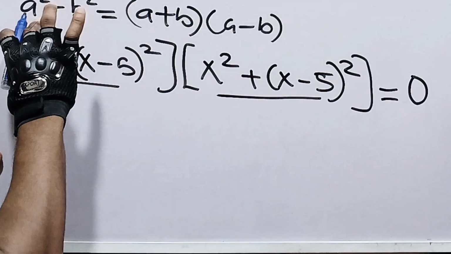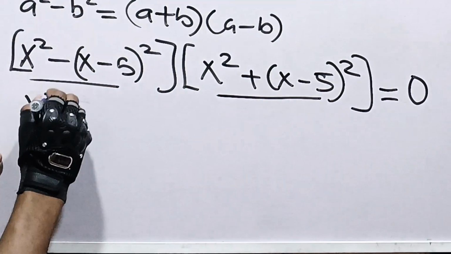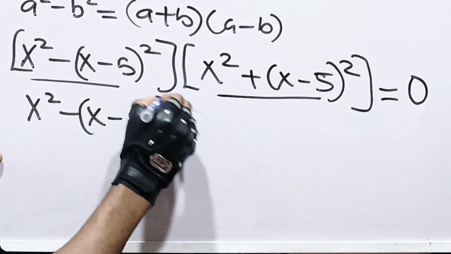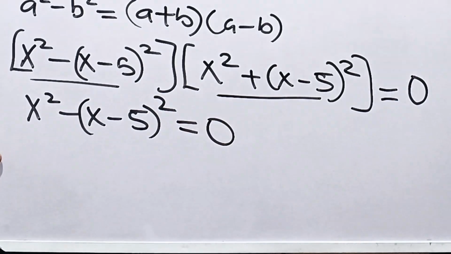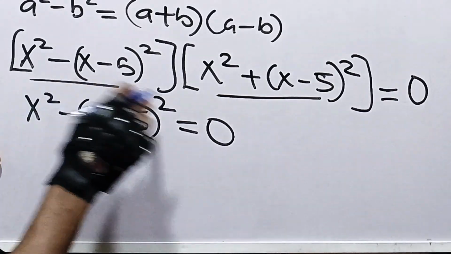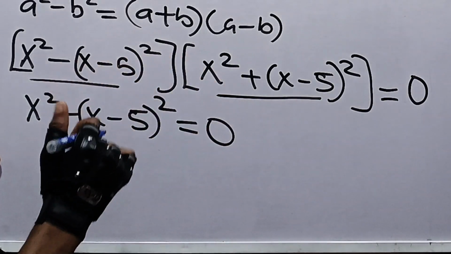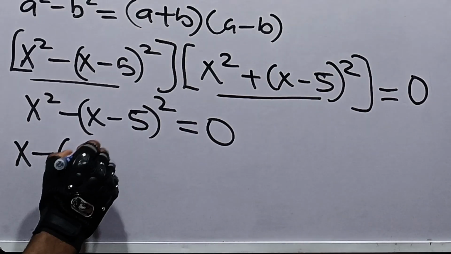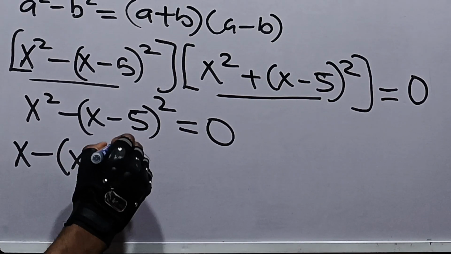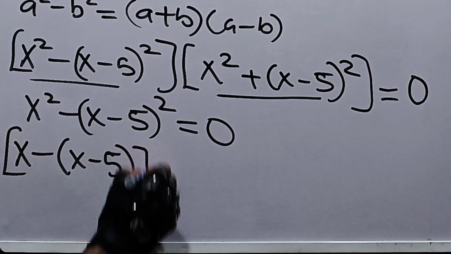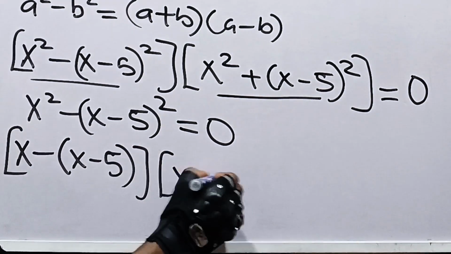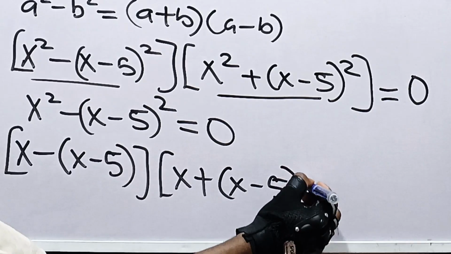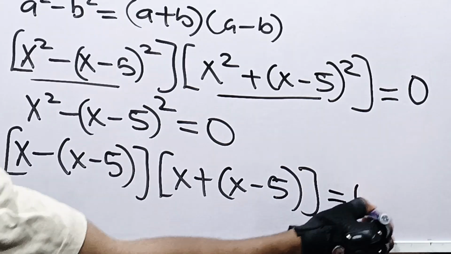Taking this one for example, we say x squared minus (x minus 5) squared is equal to 0. You're seeing that you have another difference of two squares here, meaning that you can reapply the law. So we have (x minus (x minus 5)) multiplied by (x plus (x minus 5)) equal to 0.